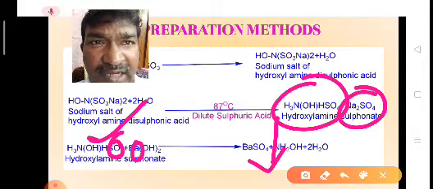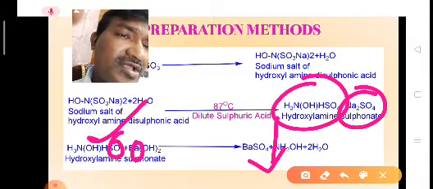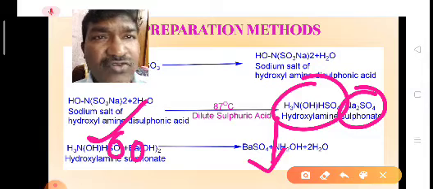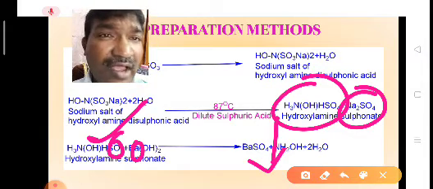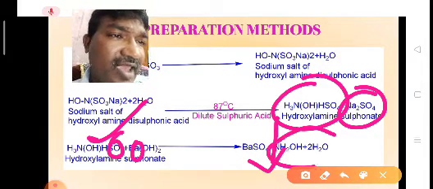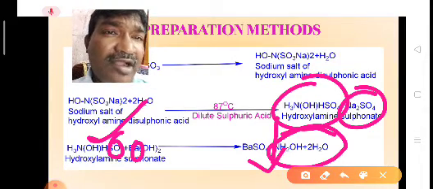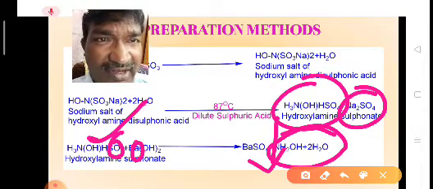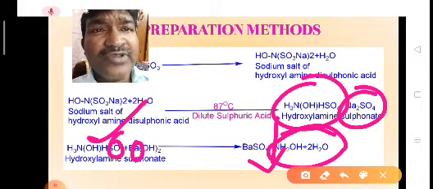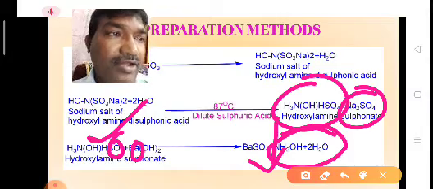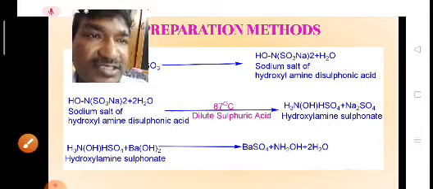It is an insoluble substance, so it precipitates out. As a result we get the aqueous solution of hydroxylamine. Here we are not getting the crystals. Here we get an aqueous solution of the hydroxylamine.